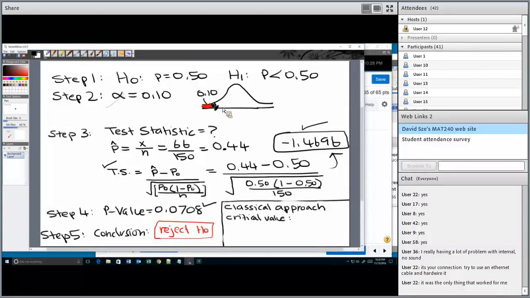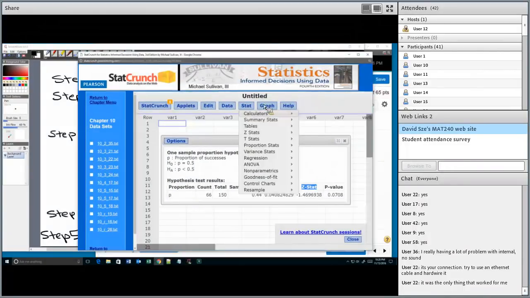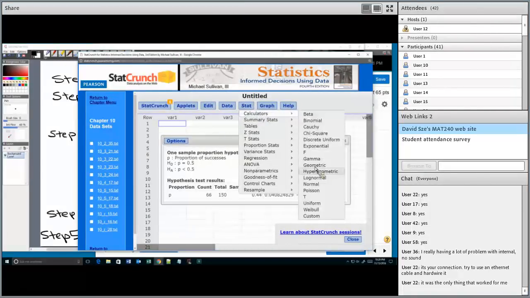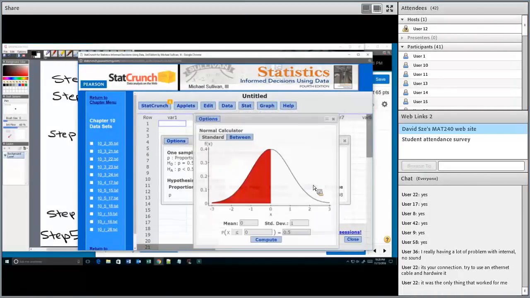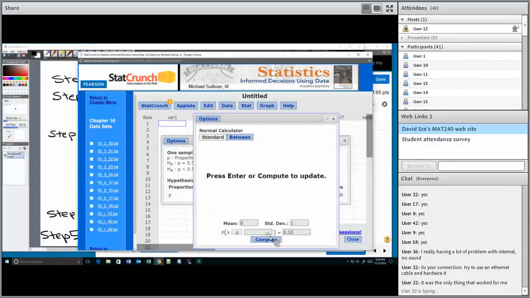Critical value. So in this case, your critical value is this value here, and we had found this in the previous problem. So I'm going to find z critical. How do we find this? Remember we said alpha is 0.10, so I can just use the normal calculator to find 0.10.